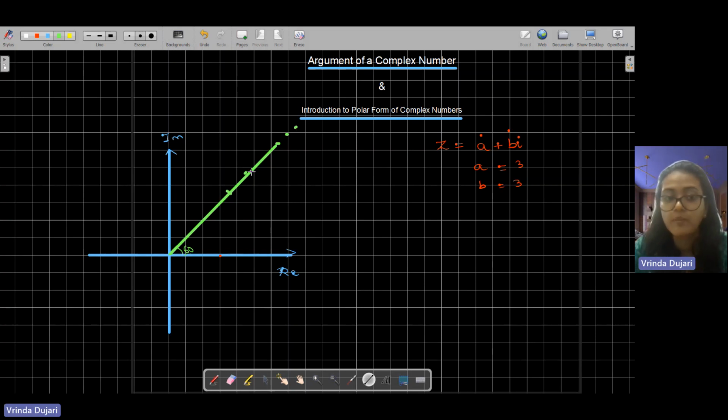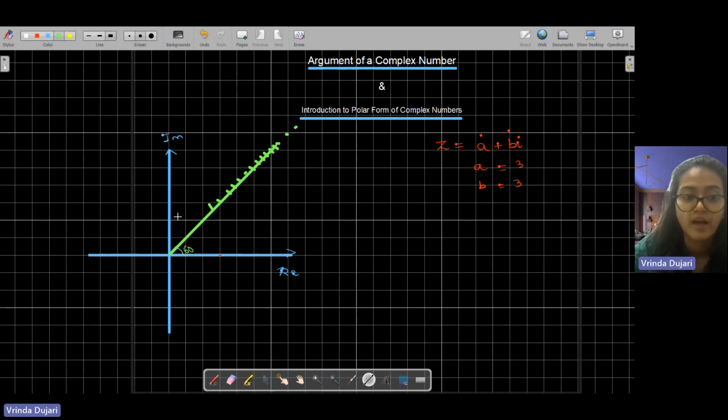All these points would be making the angle of 60 degrees with the real axis, right? Any point on this segment, all the points are making the angle of 60 degrees with the real axis. So just by knowing the angle, it will not give me enough information about the location of my complex number.